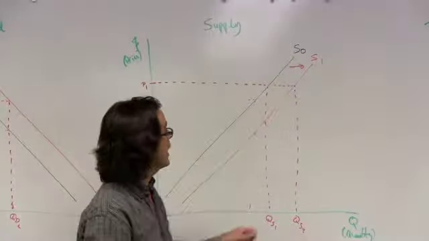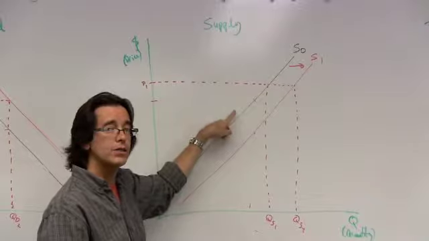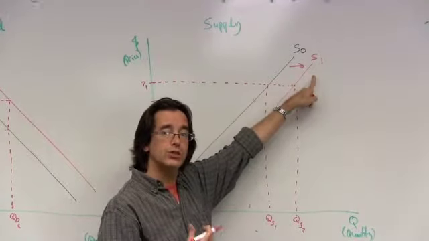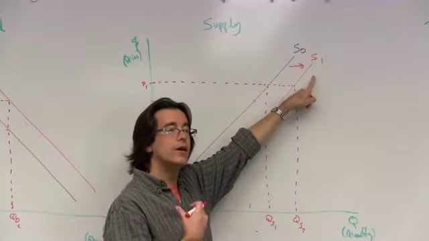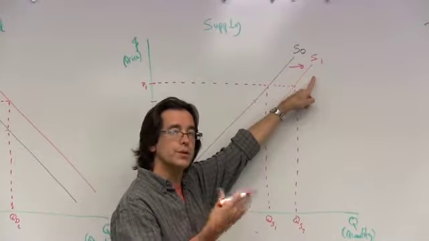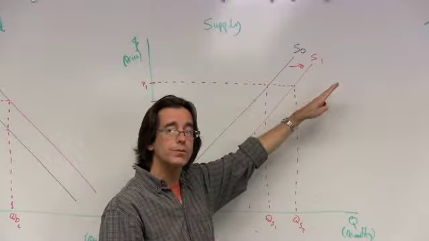So that's a shift to the right. When there's only a price change, there's a movement along, but when there's an adoption of the technology, and that technology is one of those supply shifters, again, if you read the book, you'll see what the other shifters are, it's a shift to the right in the supply.